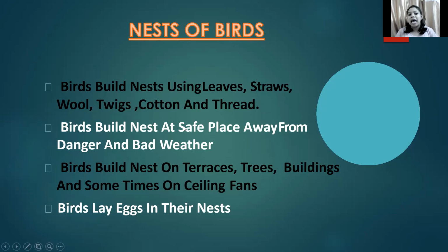Birds build nests at a safe place away from danger and bad weather. So basically, the bird builds its nest to stay at a safe place and also to protect itself from bad weather. Birds build nests on terraces, trees, buildings, and sometimes on ceiling fans.